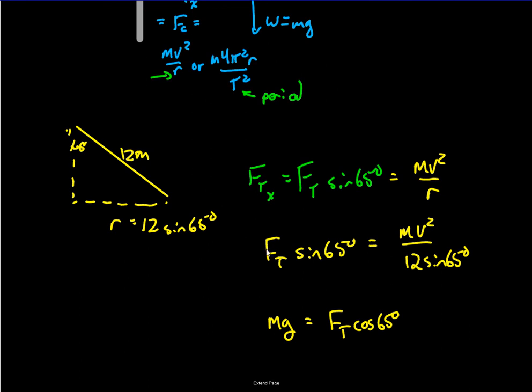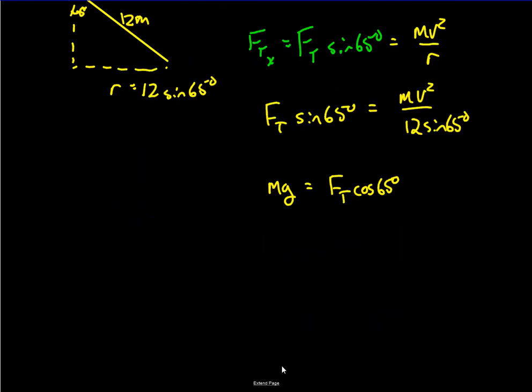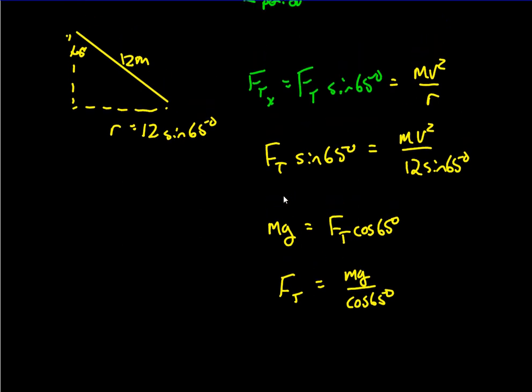And I see this Ft here, it would be nice if we could get rid of it and replace it with something we do know. So let's do a little rearranging and see what we can do. So Ft should be equal to mg divided by the cosine of 65 degrees.